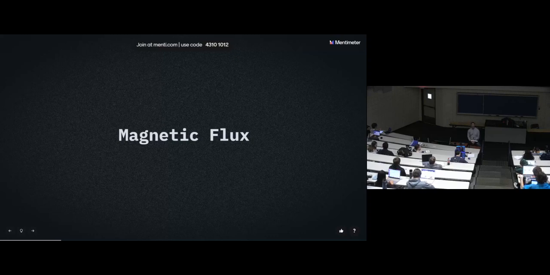Okay, so what William is saying, I think, is on the right track. The idea of flux is how much of something passes through something else, right? So we defined electric flux as how much electric field passes through, say, the surface of my tablet, just assuming my tablet was two-dimensional.